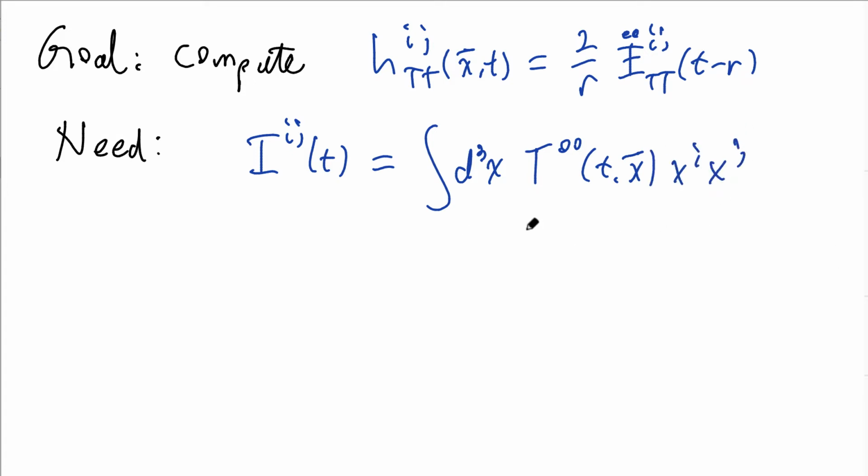Because our source is non-relativistic, the motion is slow and the stresses are very small. The energy density is dominated by the rest mass density. So this is approximately rho naught, which I'll use to denote the rest mass density.